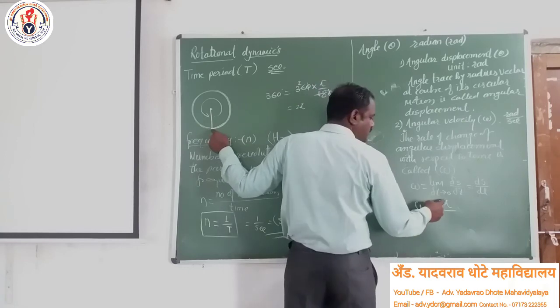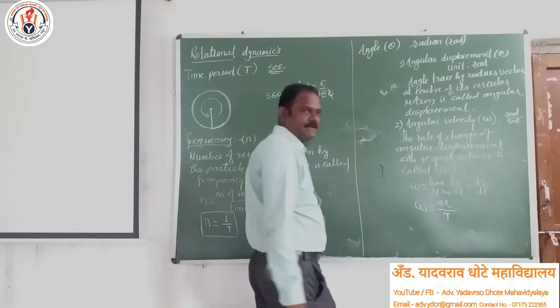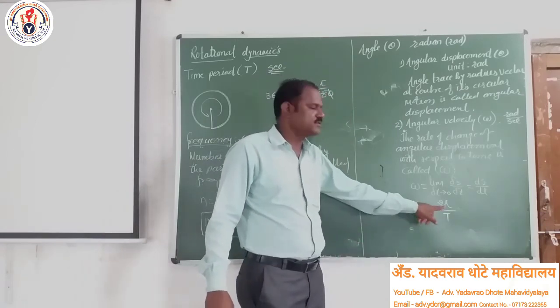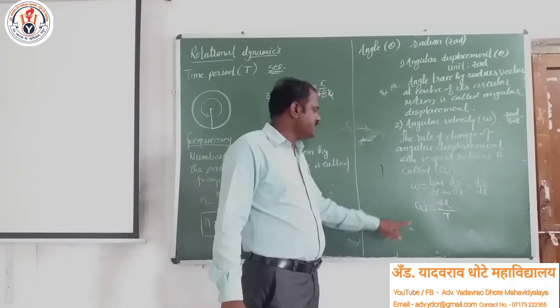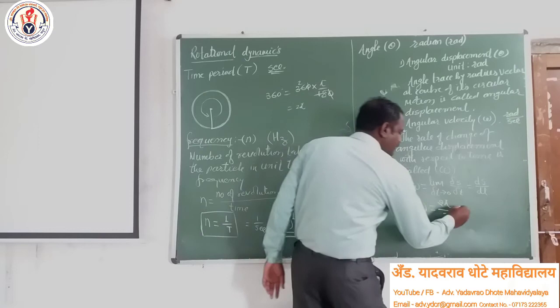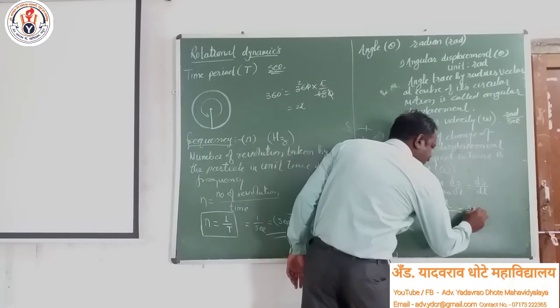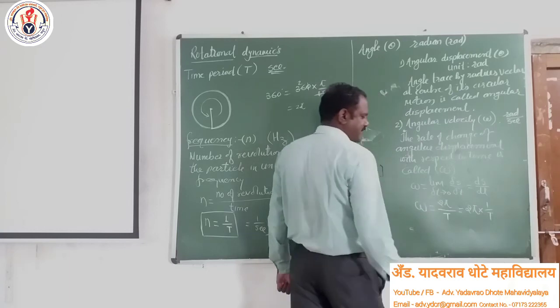So what amount of time should it take? It takes the time of one time period. So the new relation between the angular velocity and the time period is omega is equal to 2 pi by t. Also, इसको आप ऐसे भी लिख सकते हैं 2 pi into 1 by t.